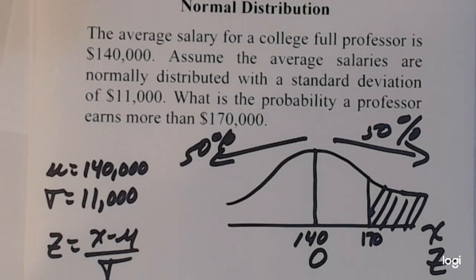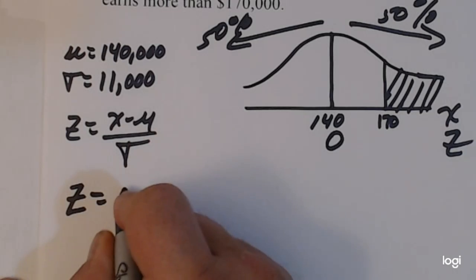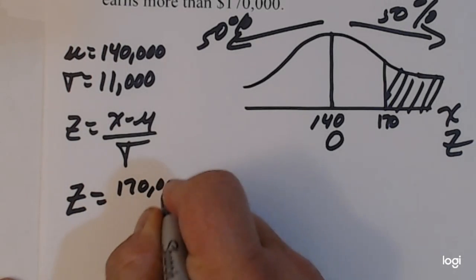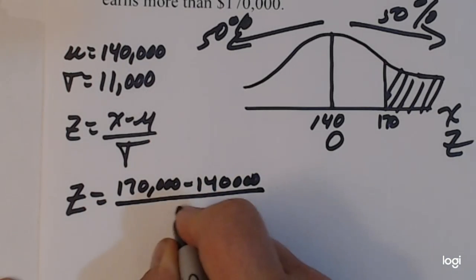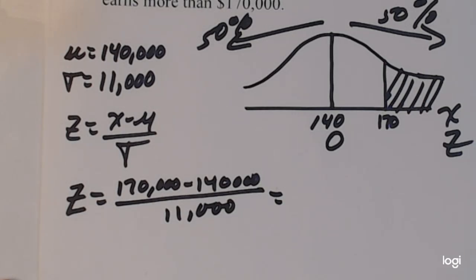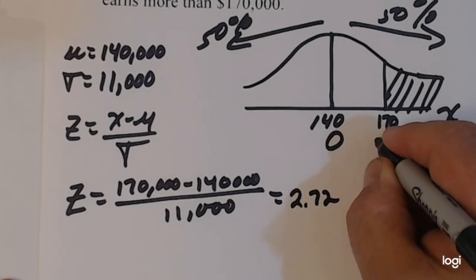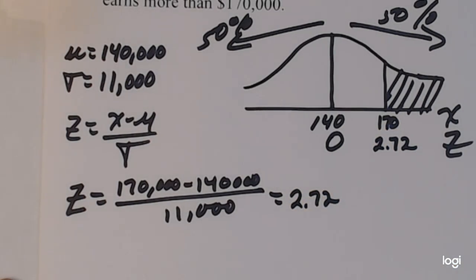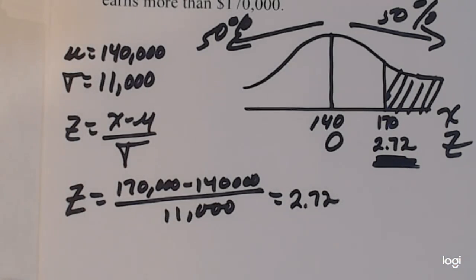So z is equal to 170,000 less 140,000 over 11,000. I've worked it out ahead of time, we get a z-score of 2.72. So 2.72, we can fill that in right here, is z.